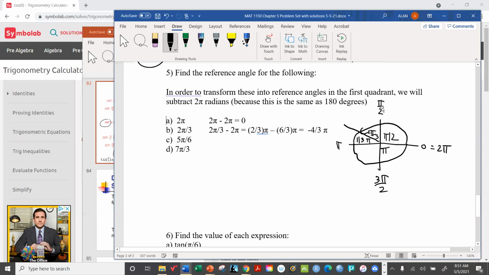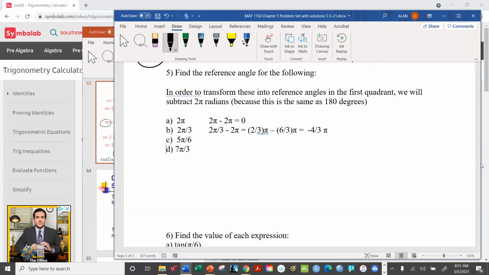I think that what we need to do here is try something different. Let's do this a little differently. So let's go back to the beginning. 2/3 pi would be about here.